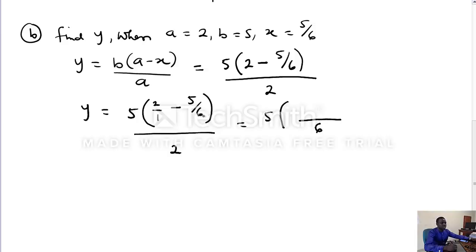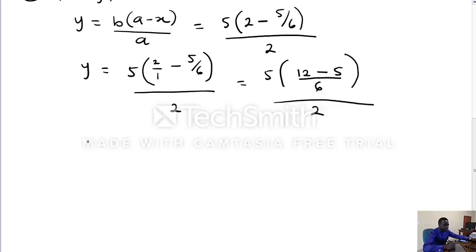So this will be 6 divided by 1 is 6. 6 times 2 will be 12 minus 6 divided by 6 is 1, and 6 times 1 times 5 is 5, all divided by 2.